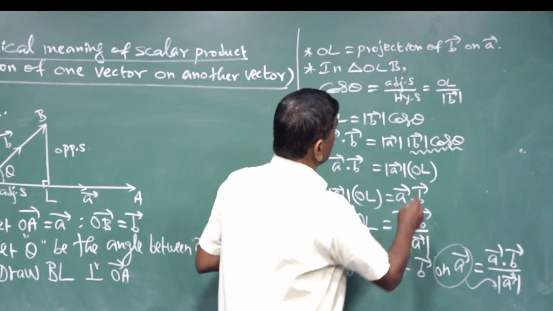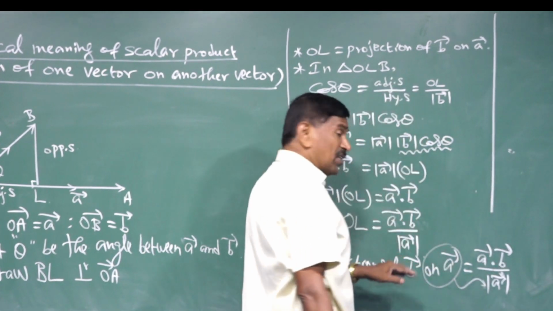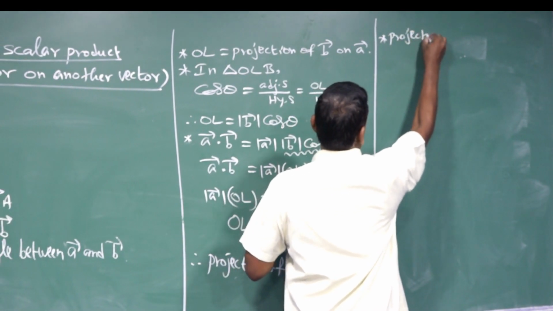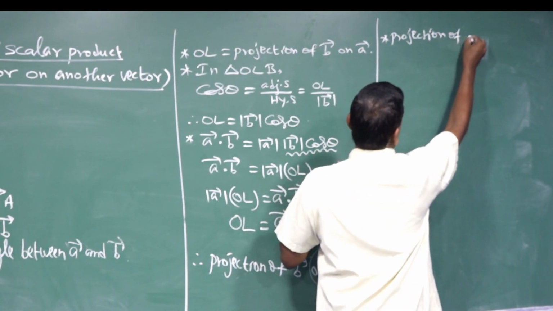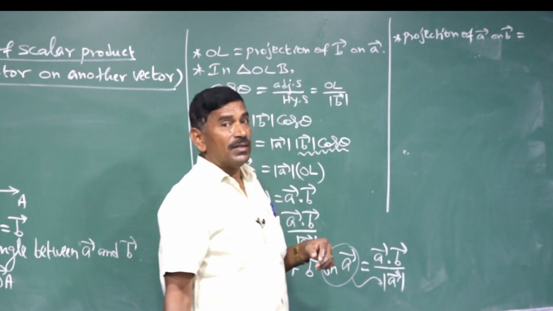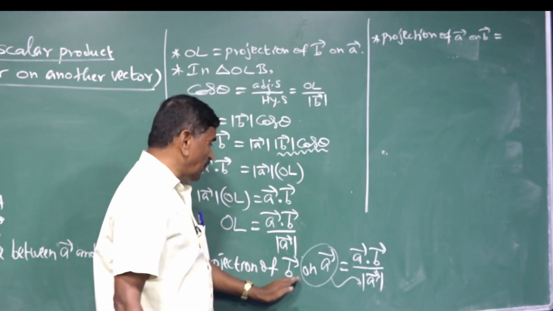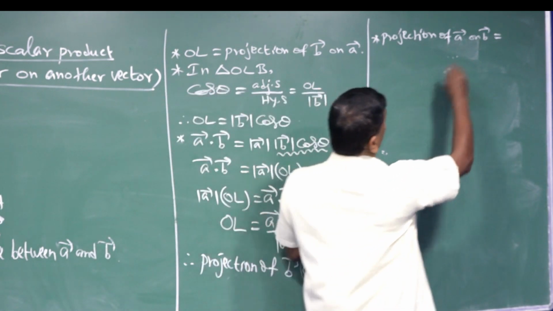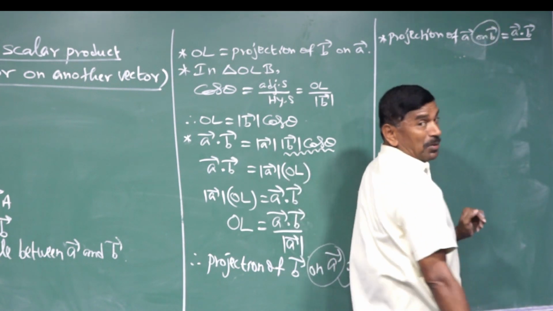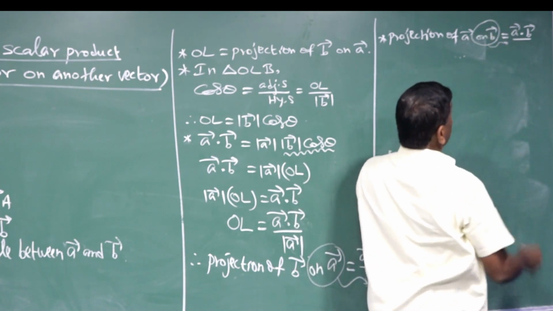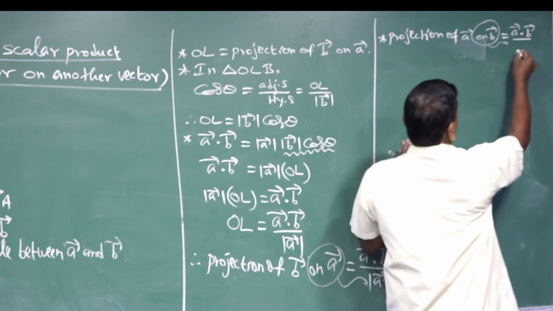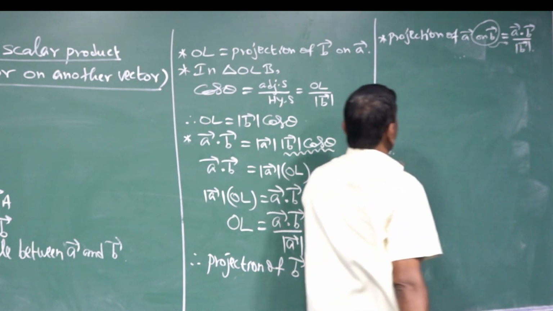Similarly, the projection of A vector on B vector is equal to the numerator as well, A vector dot B vector, divided by, now the denominator is the only problem. What is the denominator? Whether modulus A vector or modulus B vector? Good. The denominator is modulus B vector.